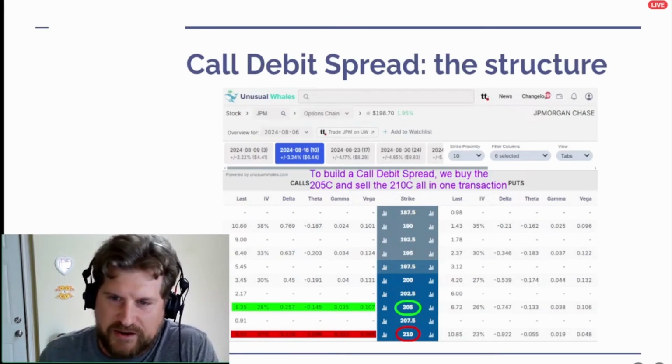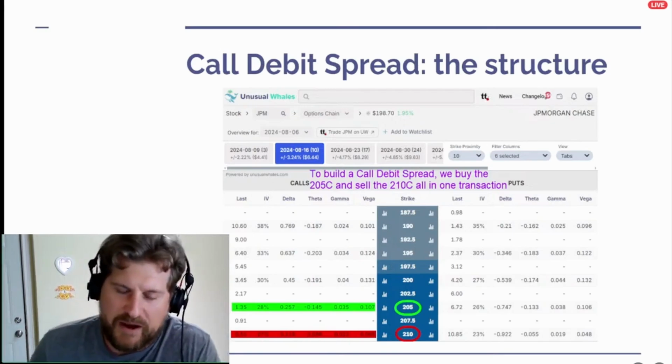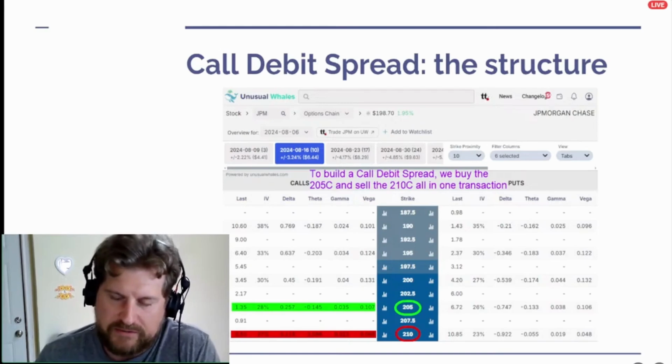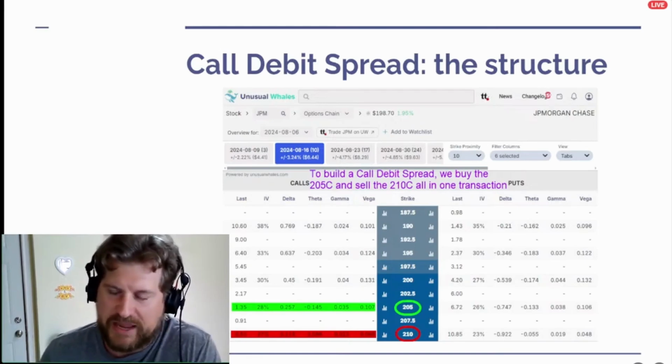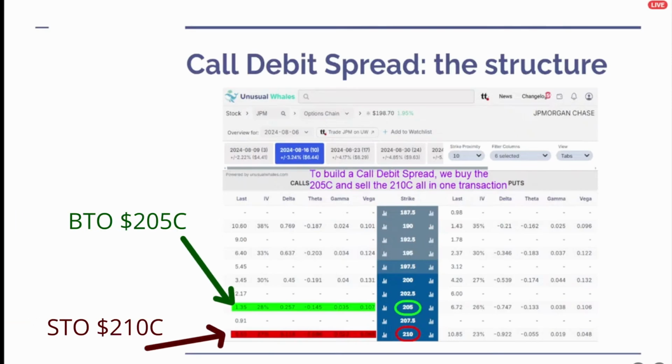On this screen, I took this snapshot this morning from JPM, JP Morgan Chase Bank, and the call debit spread I'm talking about here is a structure where you would buy the 205 call and sell the 210 call.